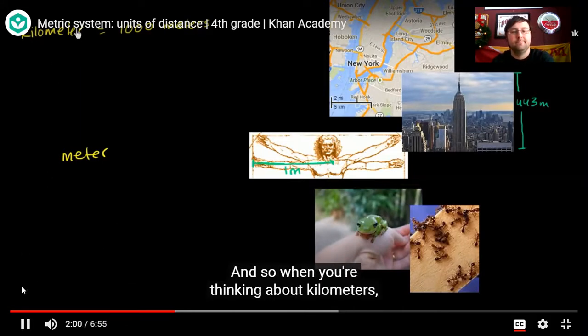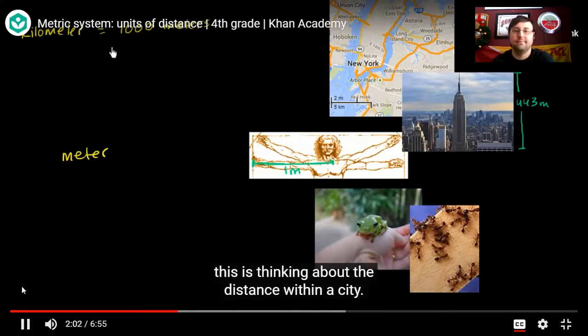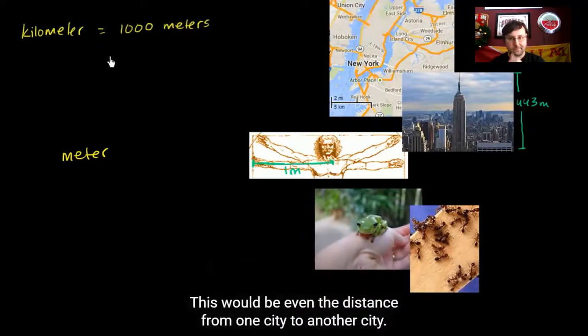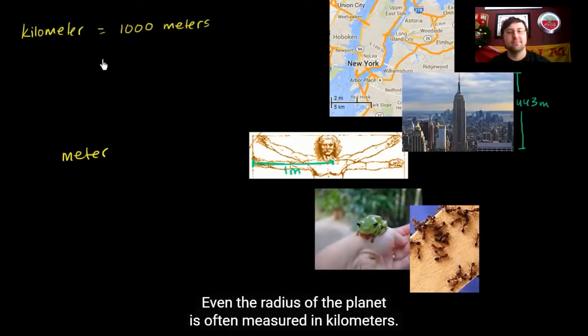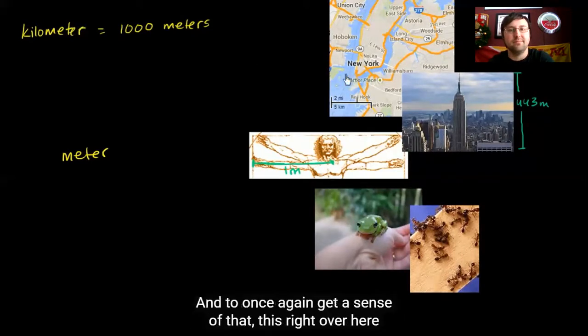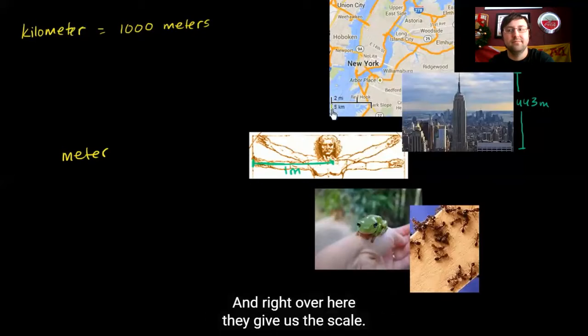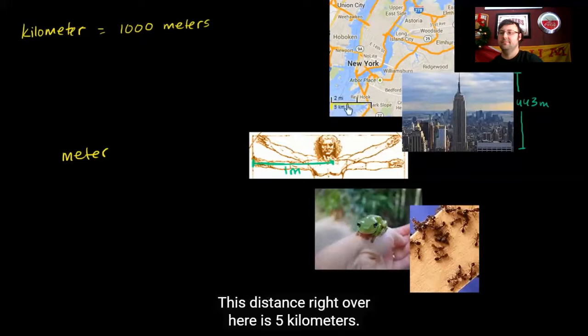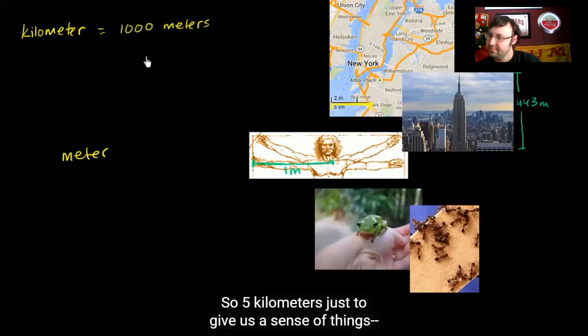And so when you're thinking about kilometers, this is thinking about the distance within a city. This would be even the distance from one city to another city. Even the radius of the planet is often measured in kilometers. And to once again get a sense of that, this right over here is a map of New York City, and right over here they give us the scale. This distance right over here is 5 kilometers, and they wrote km for short.